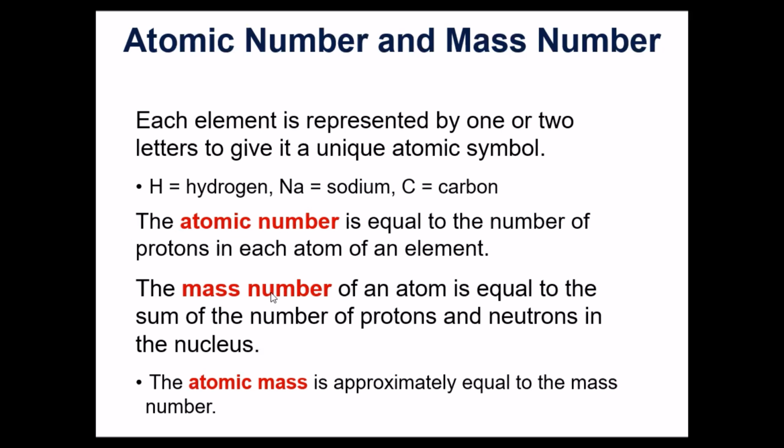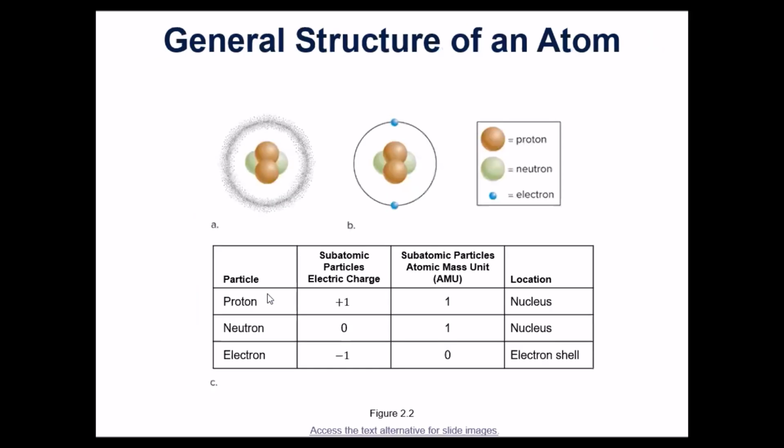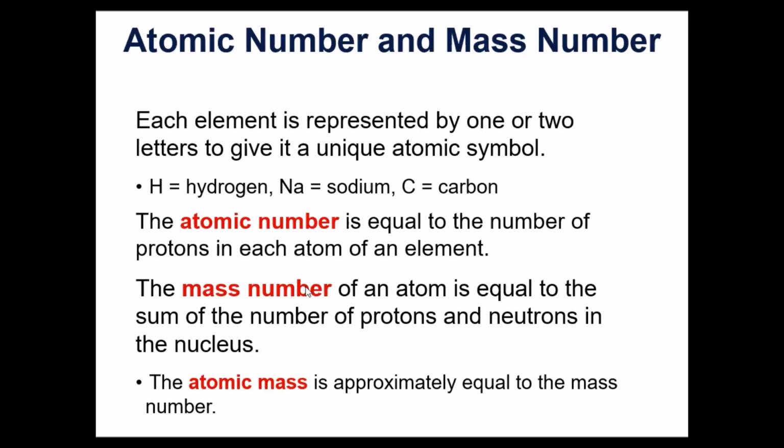The mass number, remember we said that 2 of those subatomic particles have mass. Protons and neutrons both have mass. So the mass number is essentially the number of protons and neutrons that reside in the nucleus. If you add up the total mass of the protons and the neutrons in the nucleus, you'll have the mass number. Sometimes you see the term atomic mass listed there, and most of the time that's about what the mass number is.